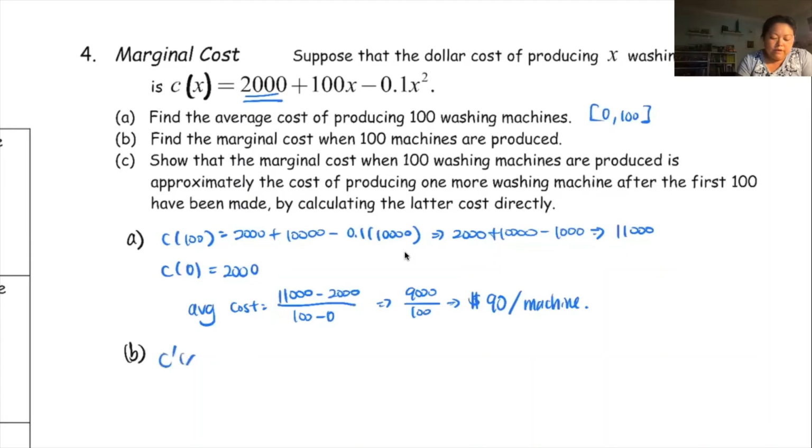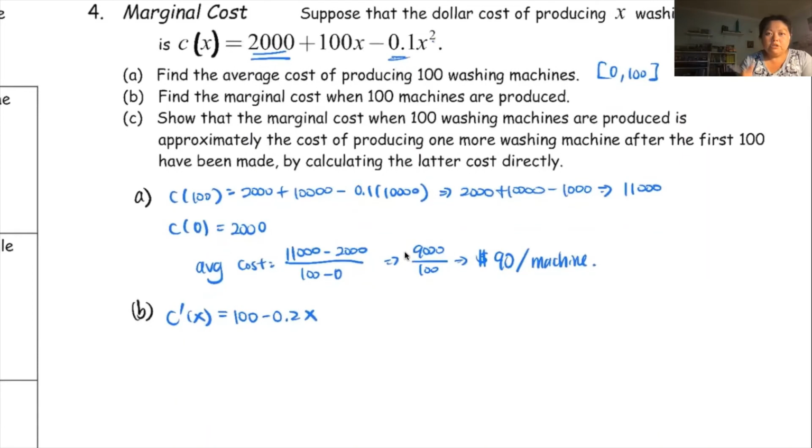The derivative, C prime, equals 2,000 is gone, you get 100 minus 0.1 times 2, so 0.2x. So the marginal cost of 100 machines is C prime of 100, which is 100 minus 0.2 times 100. That's 100 minus 20. So that's $80 per machine.